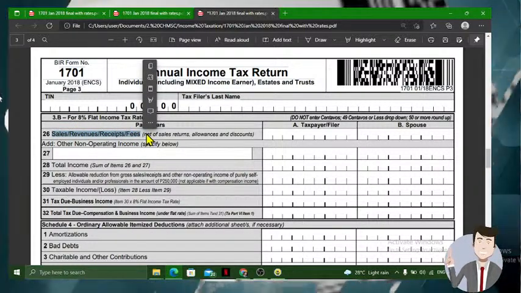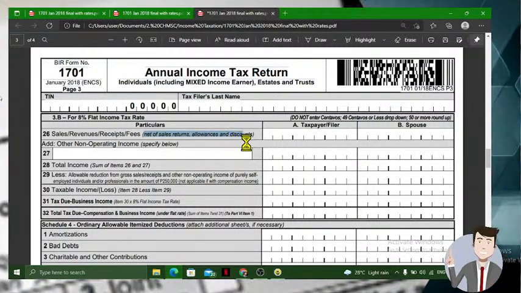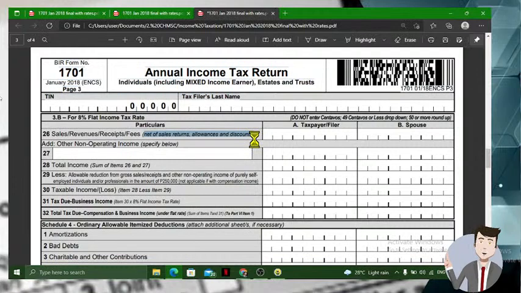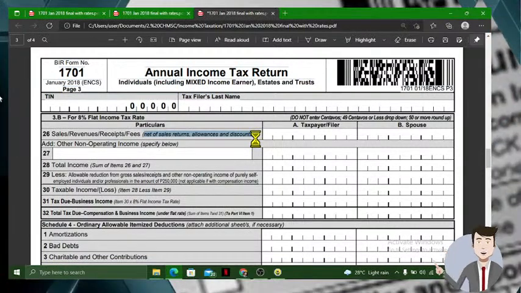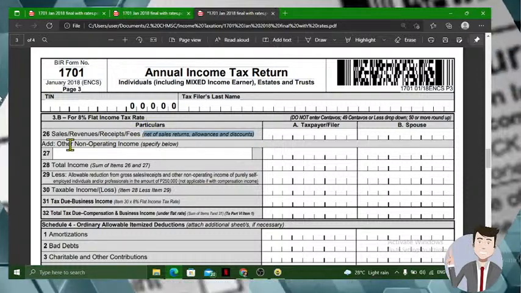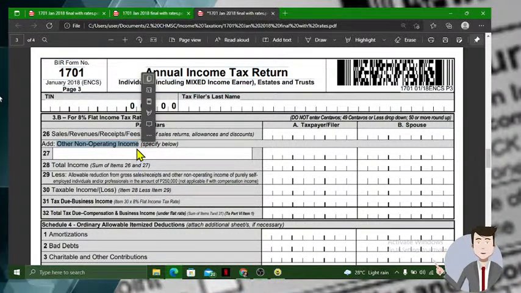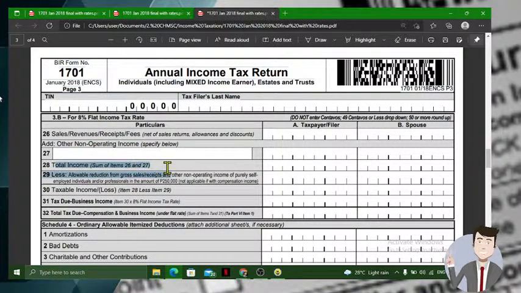Take note, it is net of sales returns and allowances and discounts. The discounts, allowances, and returns are no longer presented in the portion for the 8% flat income tax rate. Then, you have to add as well your non-operating income. Then, that is your total income.